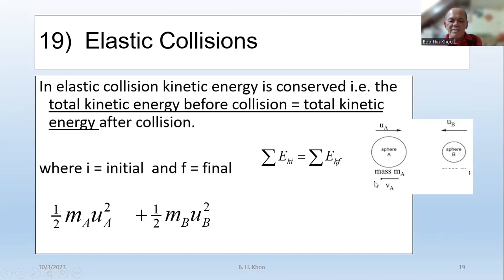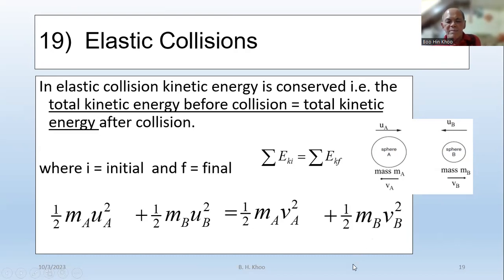And then if that is the velocity after collision, it equals the final kinetic energy of sphere A, half MA VA squared, and then if that is the speed or velocity of sphere B, plus half MB VB squared. Remember, kinetic energy is a scalar, so we are not worried about the direction.